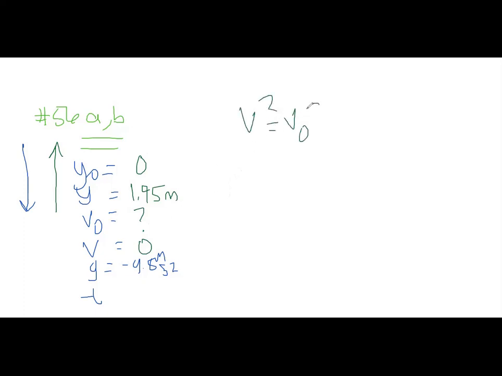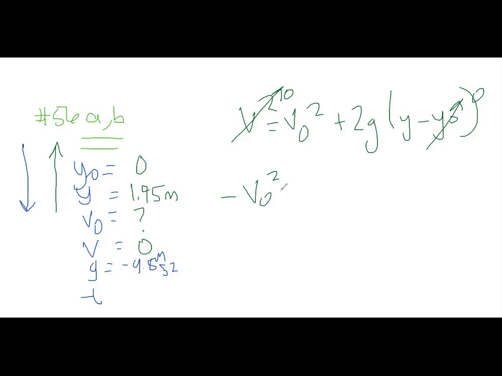V squared equals V naught squared plus 2G times Y minus Y naught. This is 0. This is 0. So negative V naught squared equals 2 times negative 9.8 times 1.45.